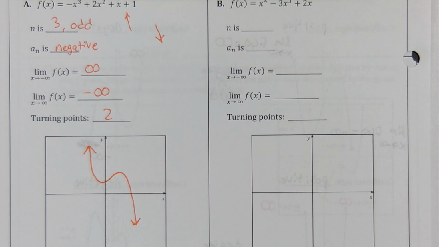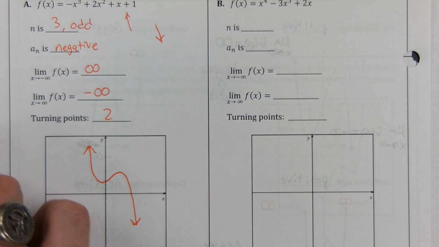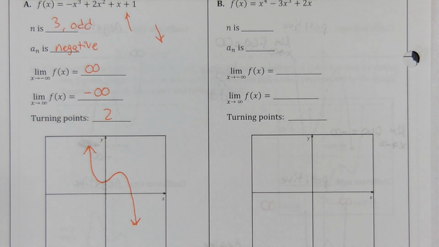So if you have a graph that comes to an end somewhere, an endpoint is an extreme value. It's either a maximum or a minimum, but it's never a turning point. However, all turning points are maximums or minimums, always. Cool? Yes? Okay.